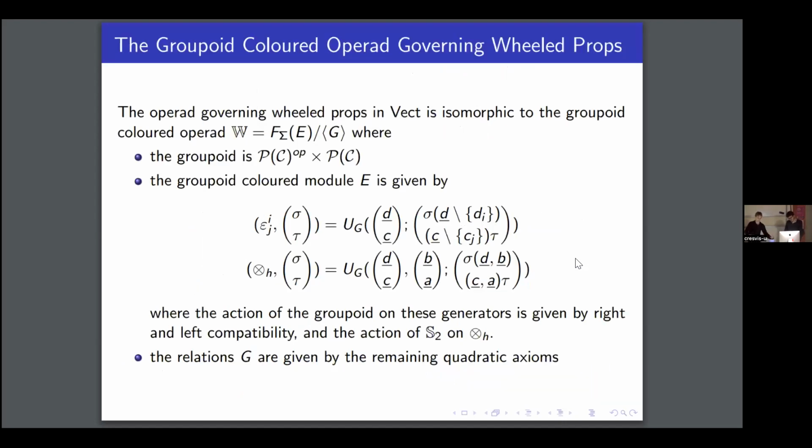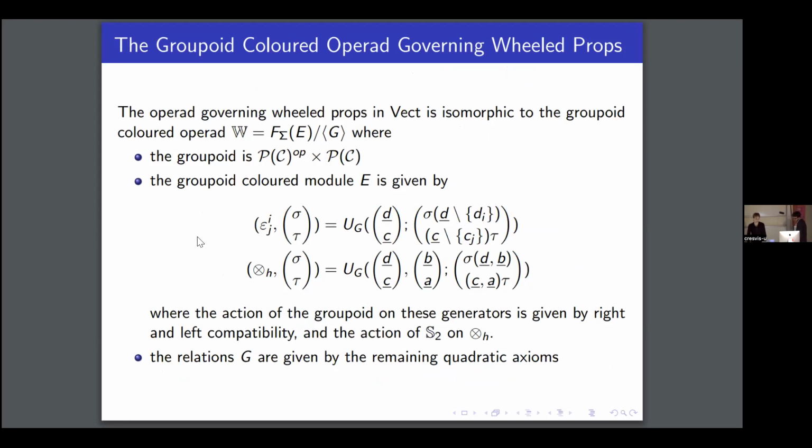So with this whole super painful setup, we can define the operad governing wheeled props. And this new presentation of the operad governing wheeled props is isomorphic to the original definition that I vaguely described on the first slide. And this operad has this presentation here. Its underlying groupoid is the product category that we saw earlier.